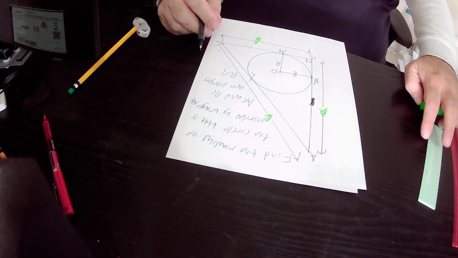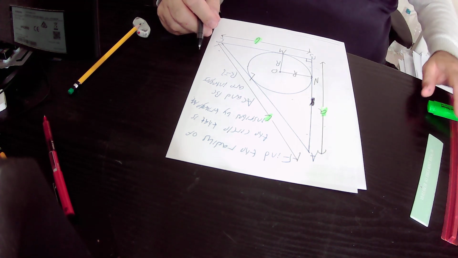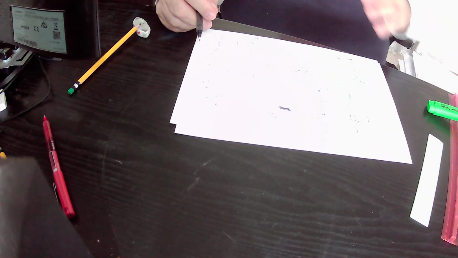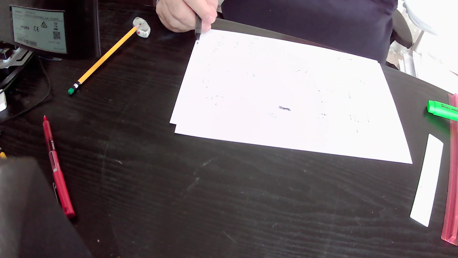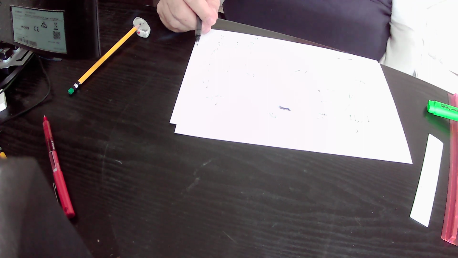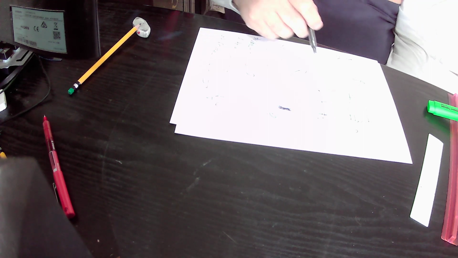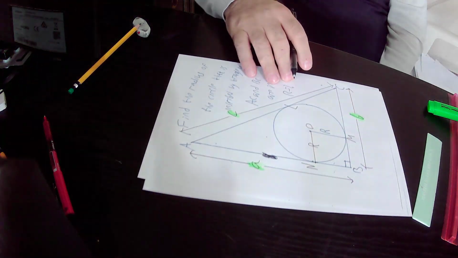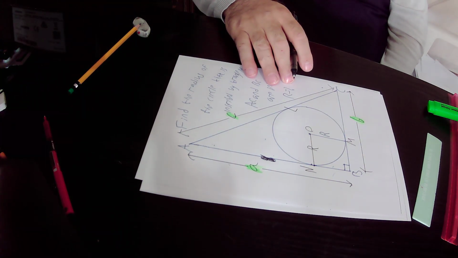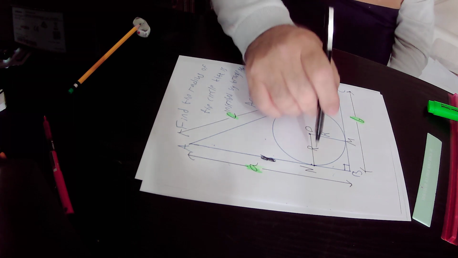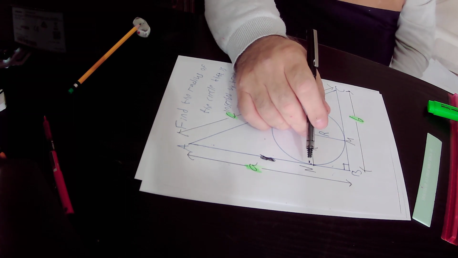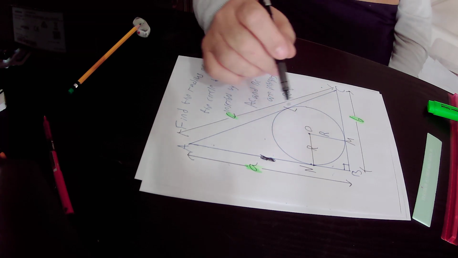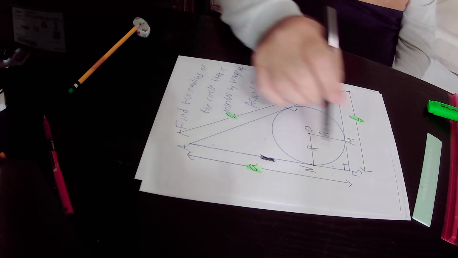So here we have rule number 1, which says that a tangent to a circle is perpendicular to the radius drawn to its point of tangency. Here we have the radius ON drawn to point N, the point of tangency of tangent AB with this circle.